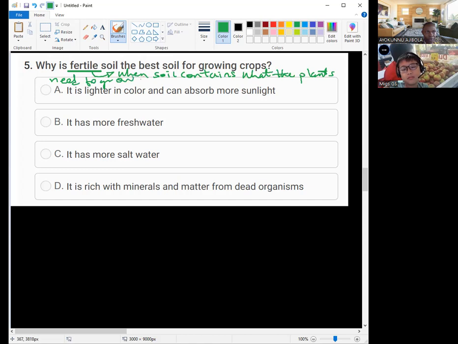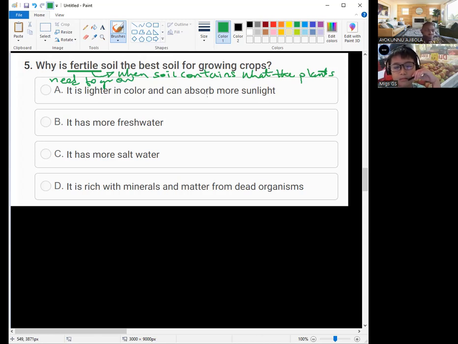So what does the plant need to grow? It needs nutrients, right? And when you apply such nutrients, you apply what is called fertilizer. So we're talking about nutrients now.